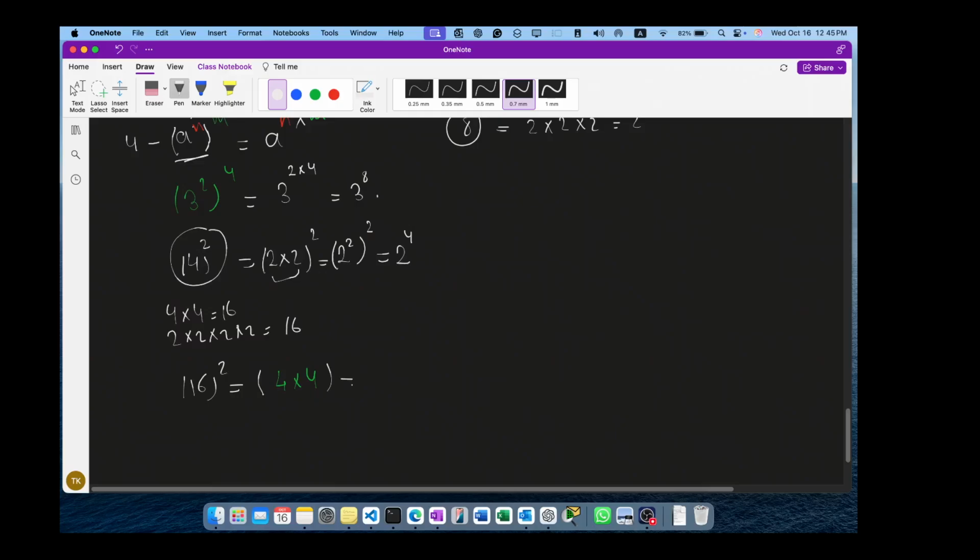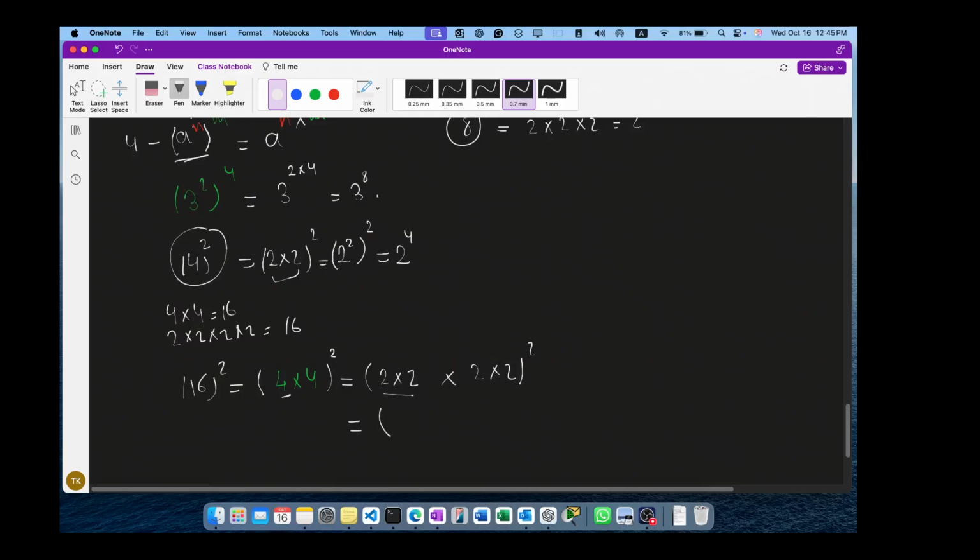Now, 4 times 4 equals 16, but all of them to the power 2. But let's take each 4 alone. The first 4 is 2 times 2, and the second 4 is 2 times 2, right? All of them to the power 2.